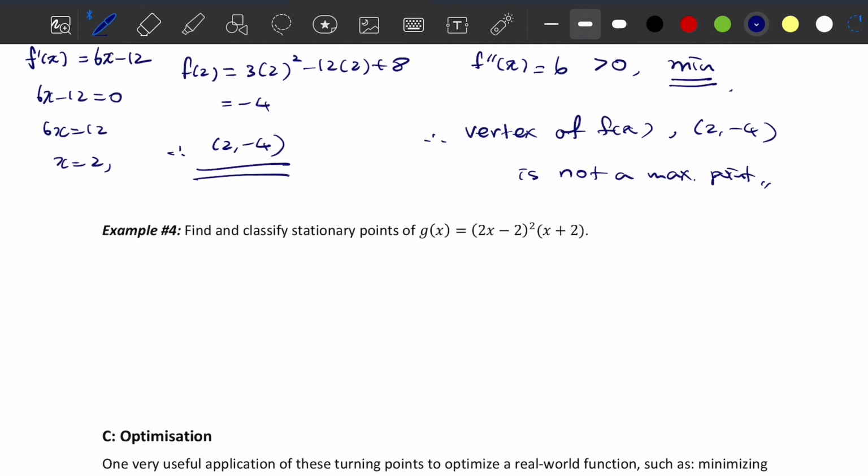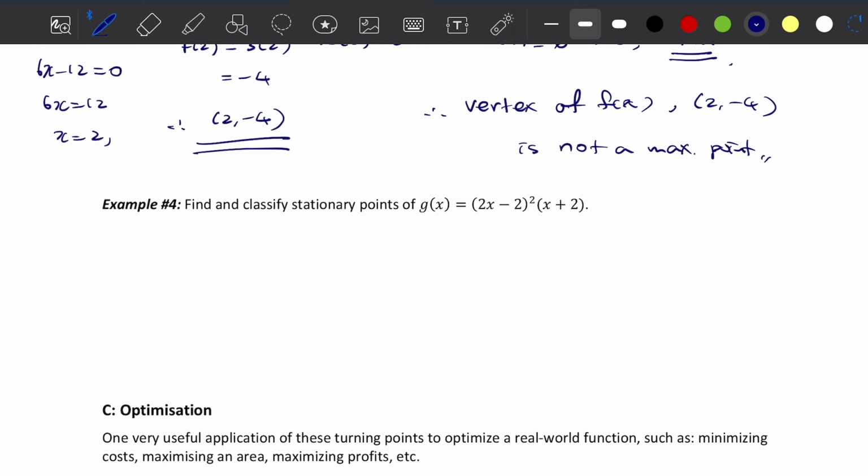Then example number 4, we need to find and classify the stationary points of g of x equals (2x minus 2) squared times (x plus 2). You can solve this either using the product rule, or you can just expand everything and simplify. For me, I'm going to use the product rule.